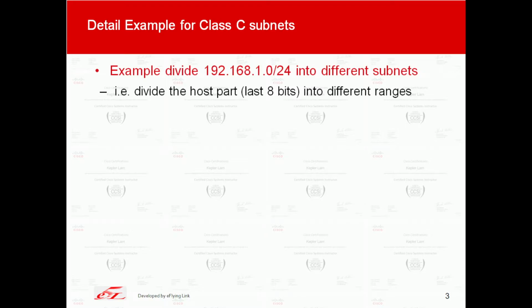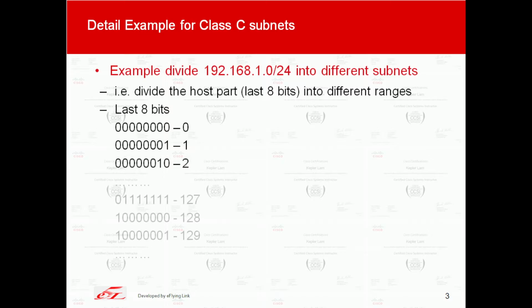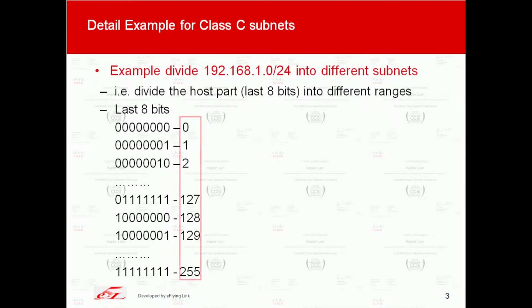Now let's take a look at these last 8 bits. In binary, these last 8 bits range from 0, that's all 8 zeros, and then 0, 0, 0, 0, 0, 0, 0, 1, and so on, up to all 8 ones. The decimal equivalent is from 0 up to 255.